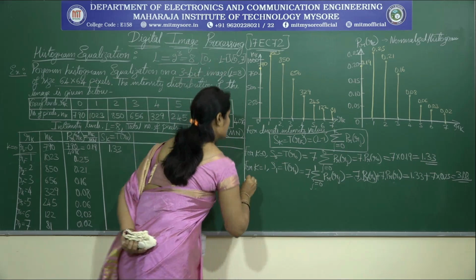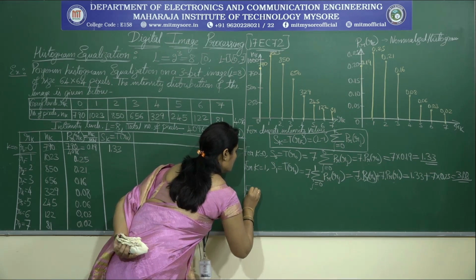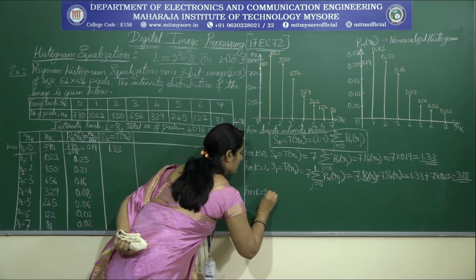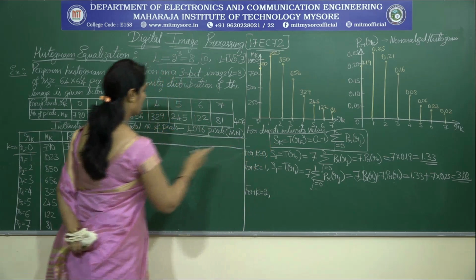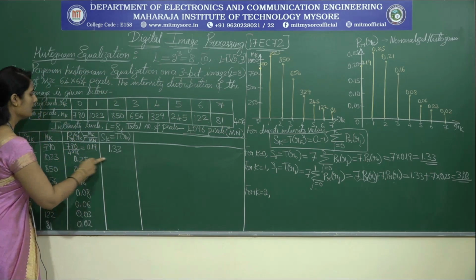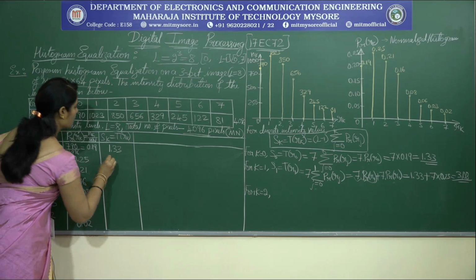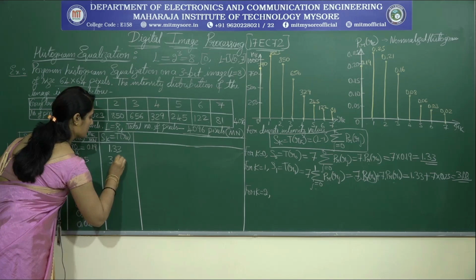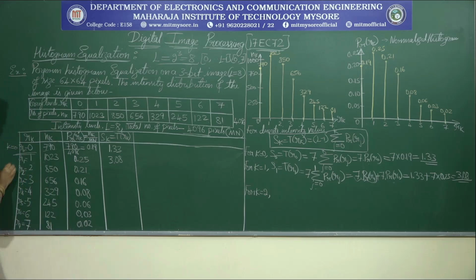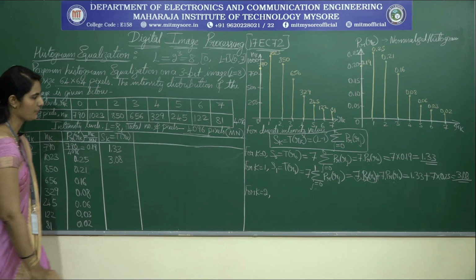Okay. Next, for k is equal to 2. Now for k equals 1, S1 is equal to 3.08. Now let us find out for k equals 2.